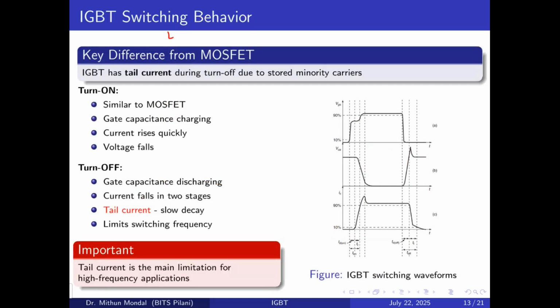IGBT switching behavior: the key difference from MOSFET is that the IGBT has tail current during turn off, due to the stored minority carriers. These minority carriers create a problem for turning off, and that results in the tail current.